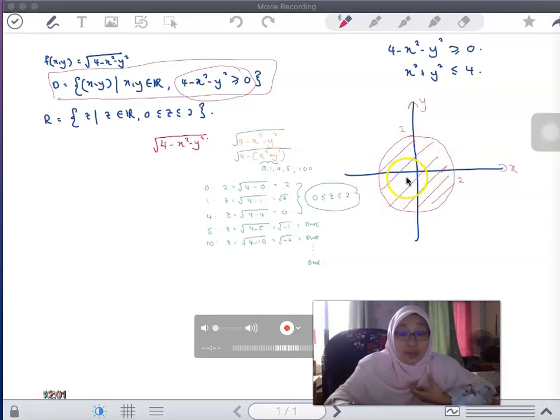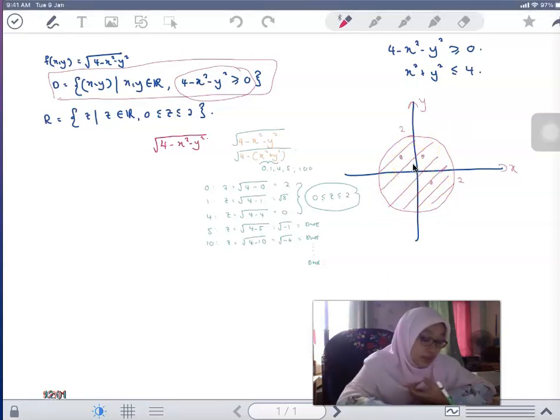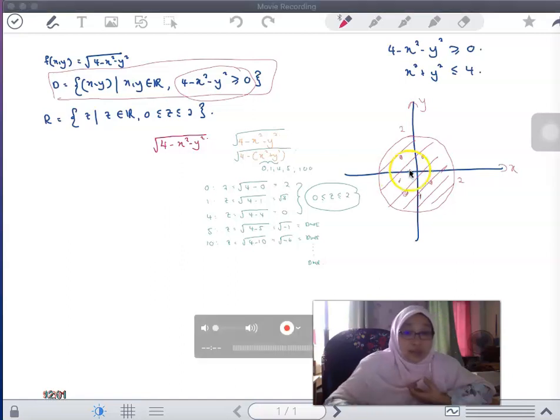So for any point that you choose, as long as it is inside the circle, this will give you a real number. This will give you a value of z. So we can say that z exists.